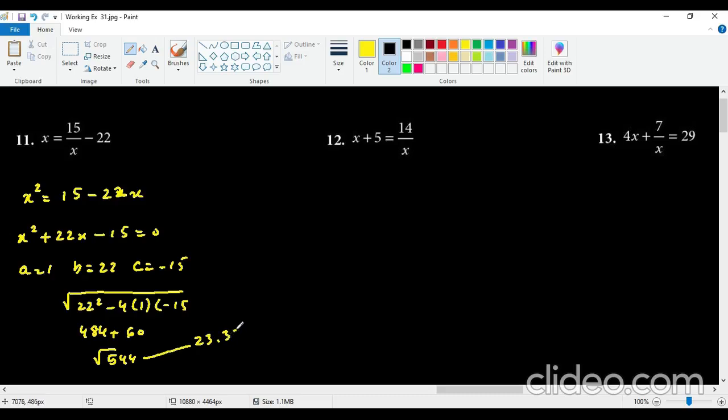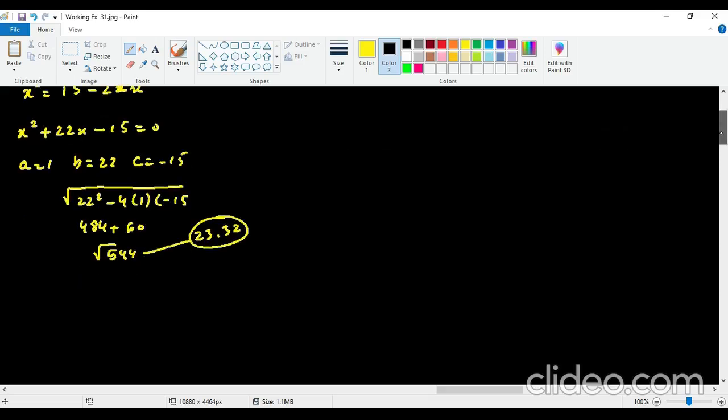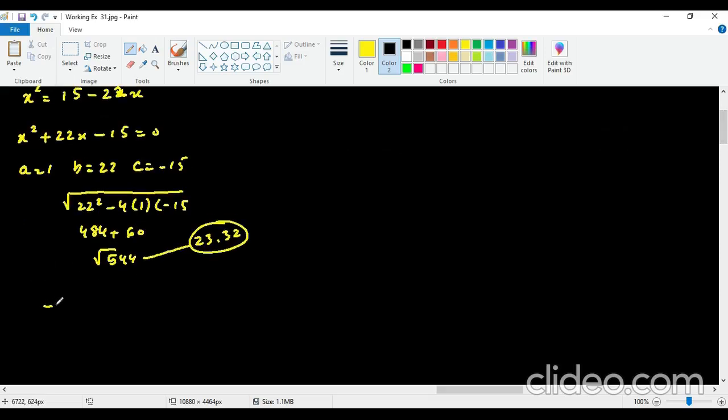So we know the discriminant. This makes work easier. Now minus b plus minus 23.32. We'll write like this 23.32, and since the value of a is 1, divided by 2. Now in here we substitute the value of b, which is 22.